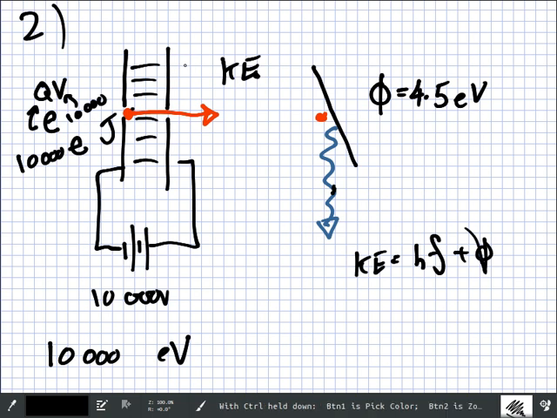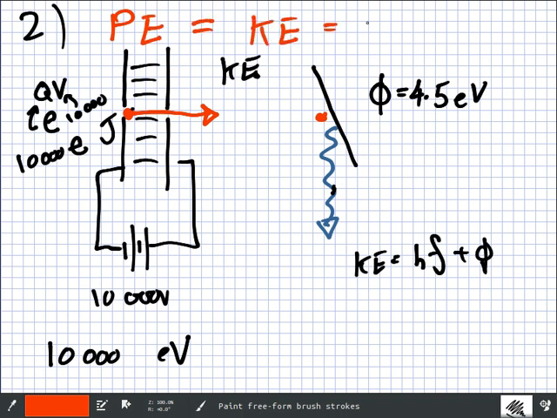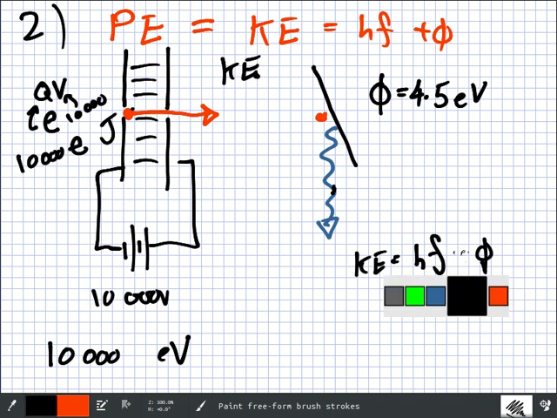So basically, you have potential energy here that becomes kinetic energy, and that then becomes hf plus work function. Oh, I have it the wrong way around, do I? So there should be a minus if you move it over. Thank you.